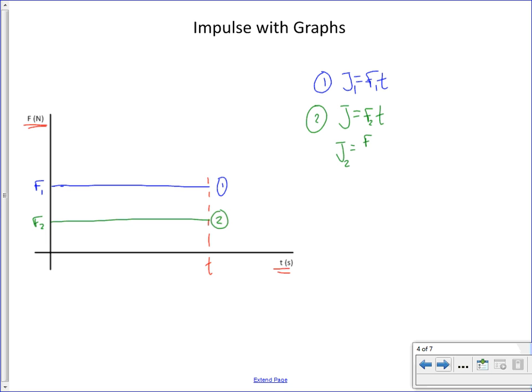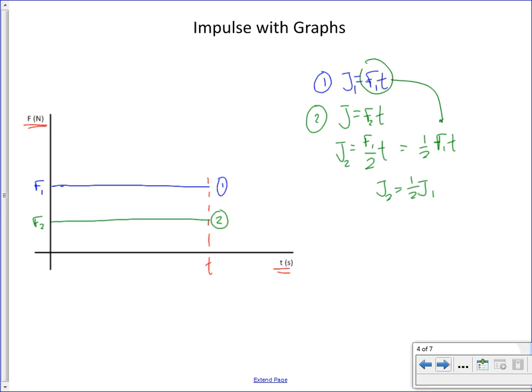F2 is half of F1, right? But the time is the same. Well, this is J1, right? So this says, sure, if we apply half the force for the same amount of time, what we get is half the impulse. Fair enough?